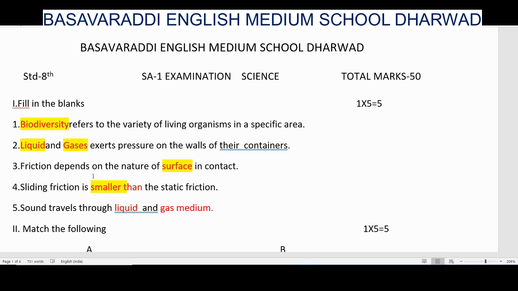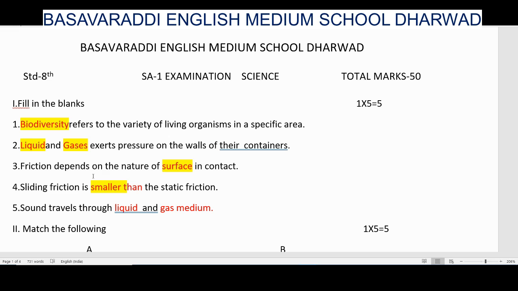If both the surfaces are very smooth, then the amount of friction is very less. If the surfaces are very rough, they will have so many irregularities, and as a result there will be more friction. So friction depends on the surfaces that are in contact.